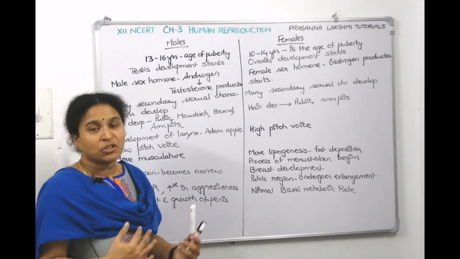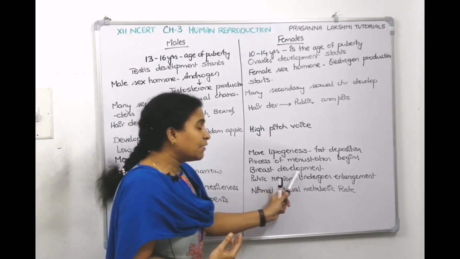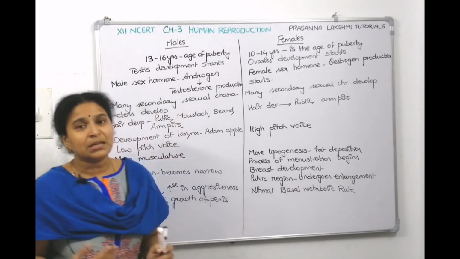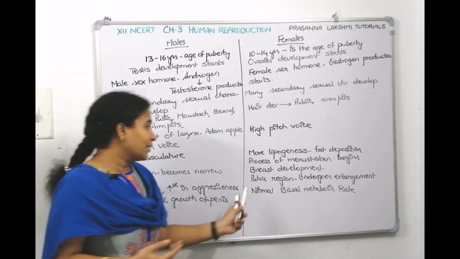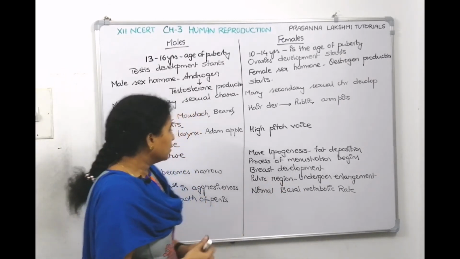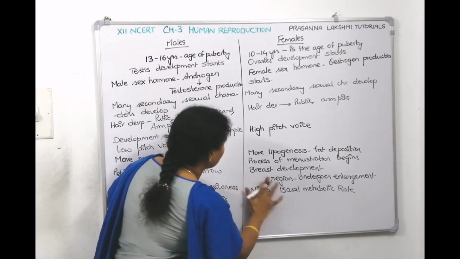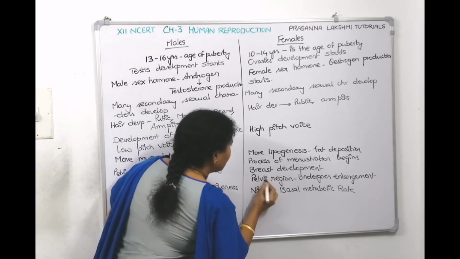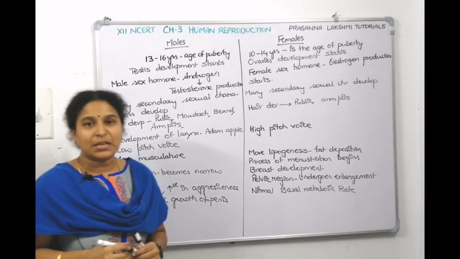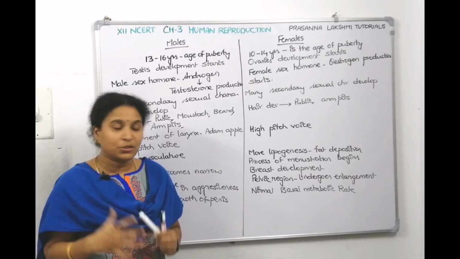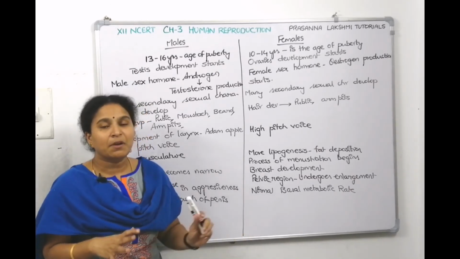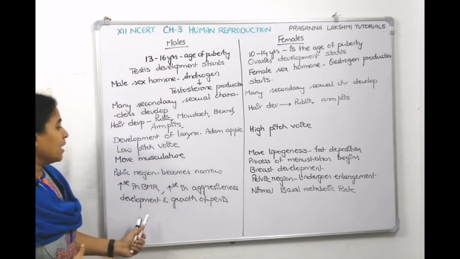The egg formation and egg shedding will happen. Breast development will happen because we are mammals, right? So the mother has to nourish the child. For that, breast formation. The pelvic region undergoes enlargement because inside uterus is there and the embryo development should happen. The basal metabolic rate will be normal, whereas the basal metabolic rate will be high in males.